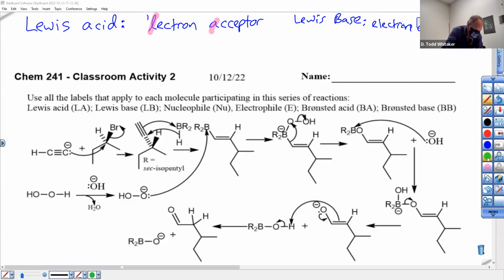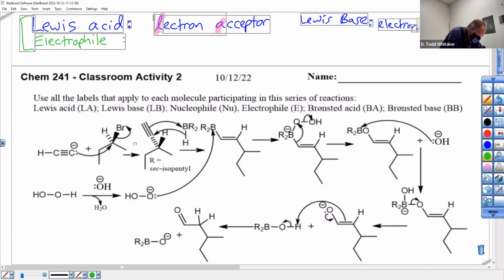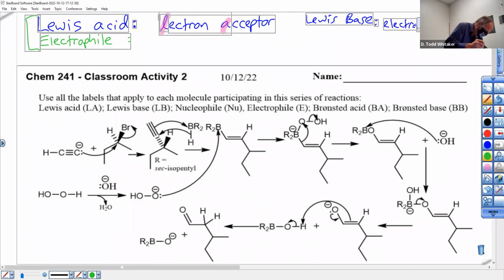And Lewis acid is synonymous, for reasons that the definition will show, with the word electrophile. Synonymous.